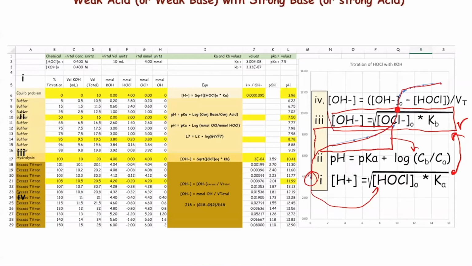Because remember, when we have a salt made of the conjugate of a weak acid, the solution is going to be basic. Look it up. We talked about that last time. And then this right here, that's just the hydroxide ion concentration that is in excess.